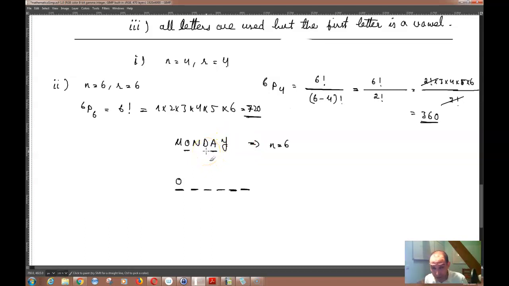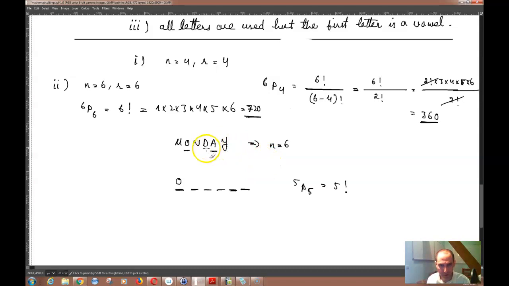And since you have 6 letters in total and you have already used one of them over here, that means that for these 5 placeholders you have basically 5 letters left. So the permutations of these 5 letters would be 5 permutation 5, which is equal to 5 factorial.